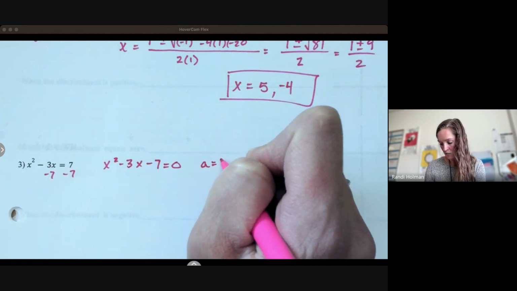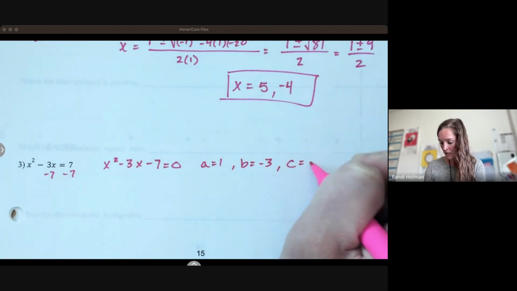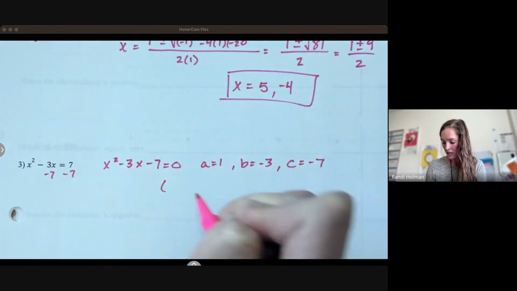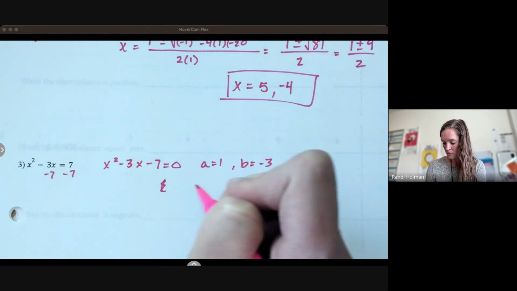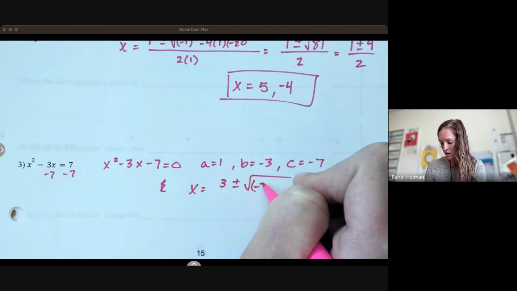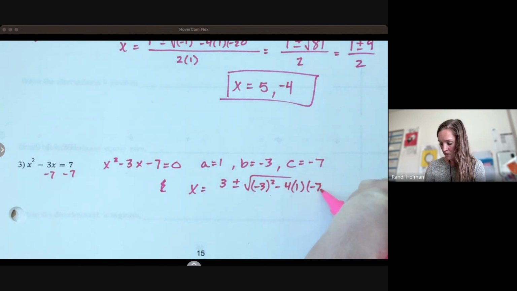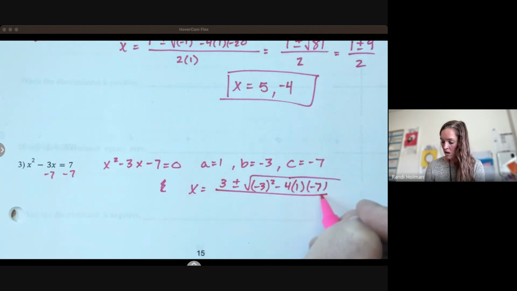So a is 1, b is -3, c is -7. So negative b is 3 plus or minus the square root b squared minus 4 times a times c all over 2a.